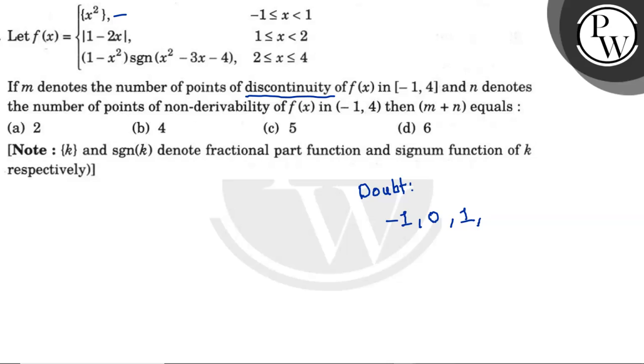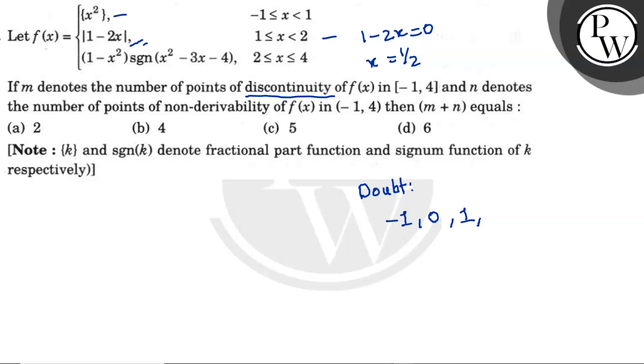Now if you consider this modulus function, it is not continuous at 1 minus 2x equals 0, which means 1/2 is the point where this modulus function is not continuous, and this point does not lie within this interval.